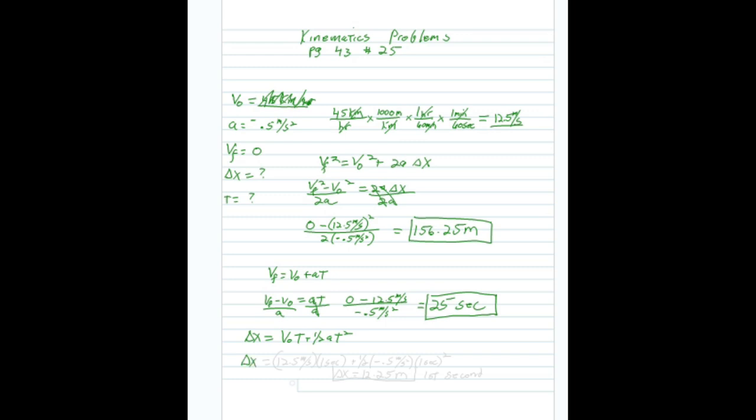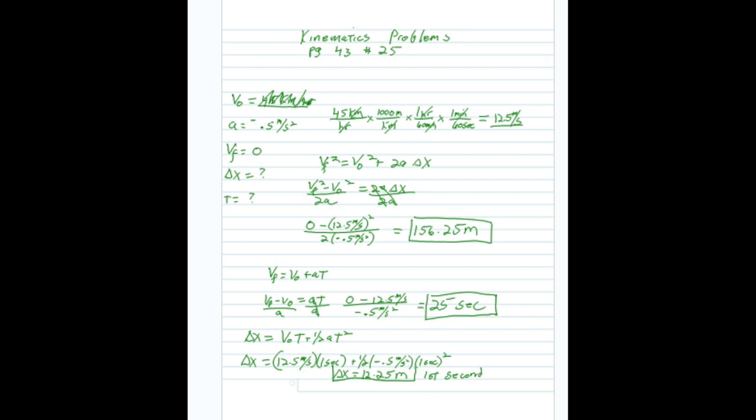So delta x equals 12.5 meters per second times 1 second plus a half times negative 0.5 meters per second squared times the time, 1 second, squared. Okay, so what we're going to end up with here is 12.25 meters when you plug it all into the calculator. So that's in the first second.